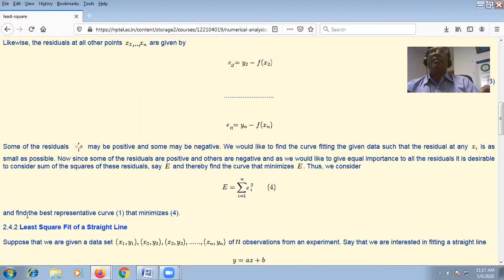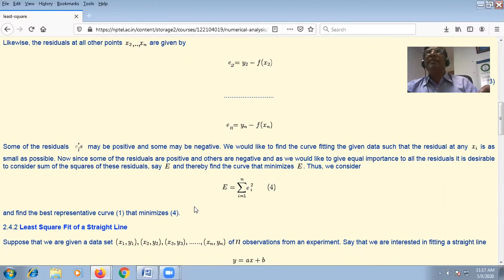In this way you can find the least square value of your data, and you can find the targeted value that is needed for your calculation.